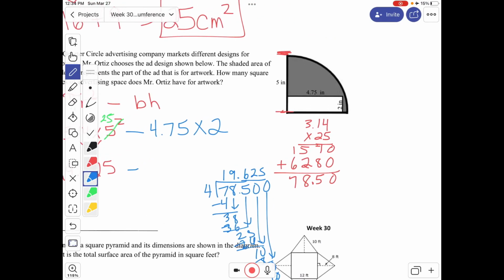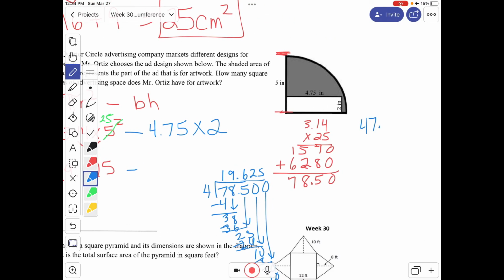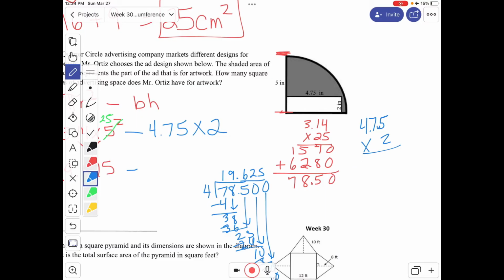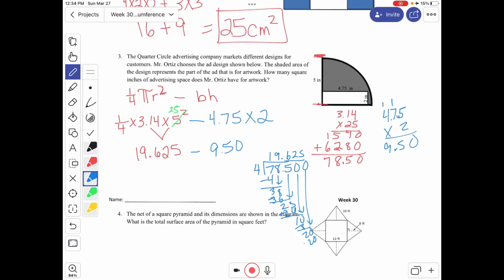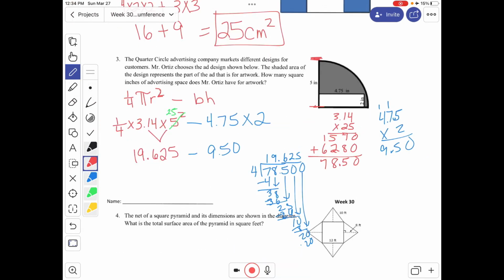And I know we're kind of running out of room. 4.75 times 2 is 9.50, and then I need to subtract that from the circle.